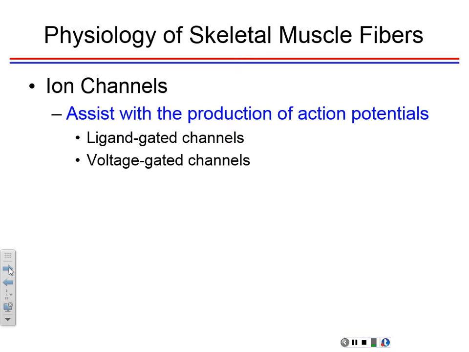All right. And then there are other channels that are gated by ligands. That means something must attach to the protein channel to make it open or shut. Such as when the impulse comes in on the neuron, the neuron itself does not actually touch the muscle fiber.